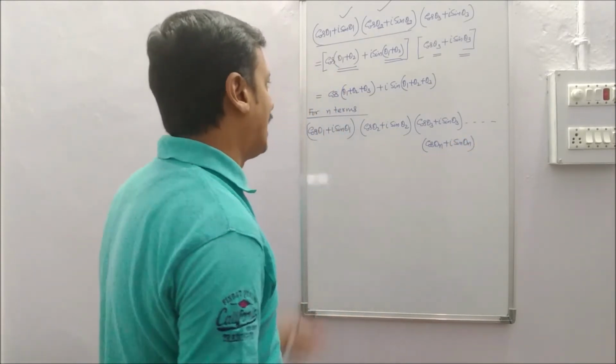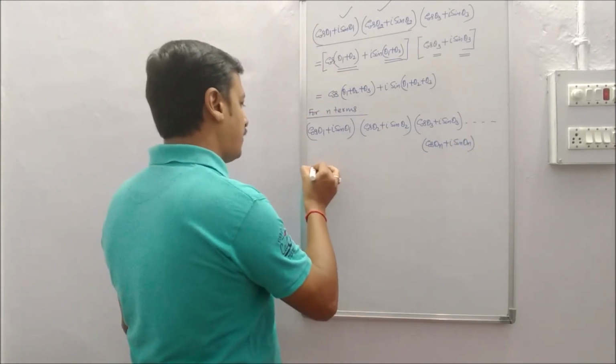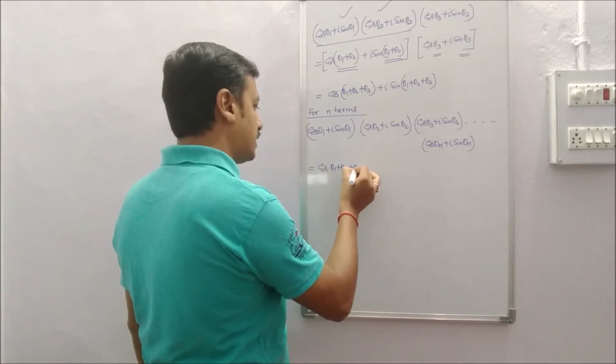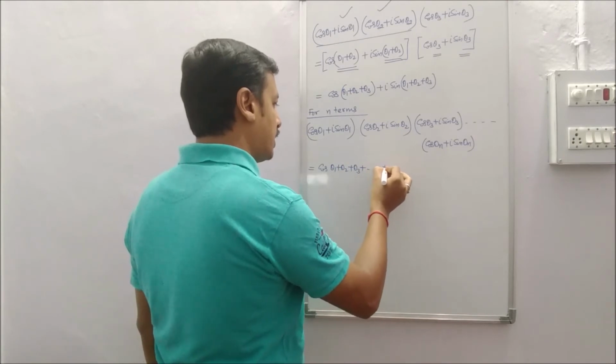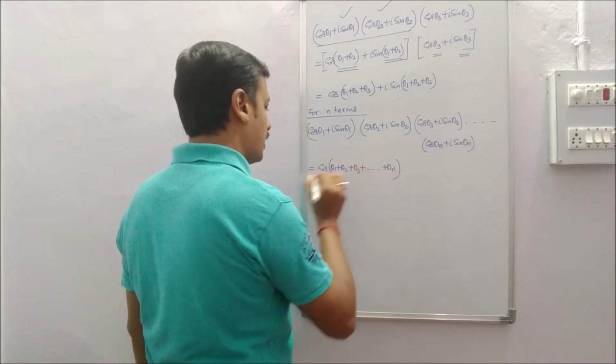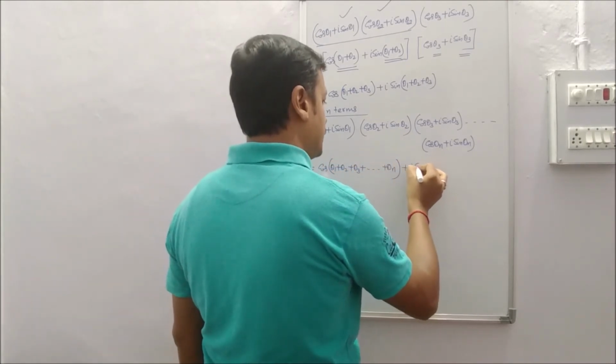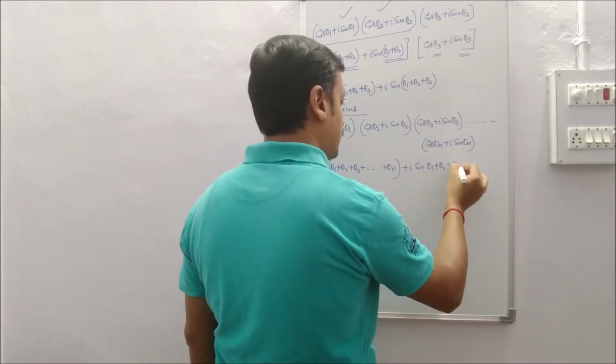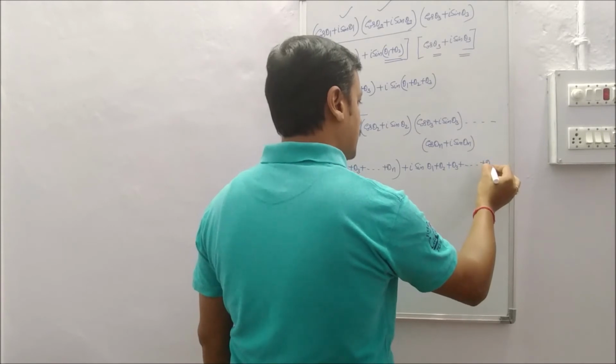So using the above results, the final value will be cos of theta 1 plus theta 2 plus theta 3 plus dot dot dot up to theta n, plus I sin of theta 1 plus theta 2 plus theta 3 plus dot dot dot up to theta n.